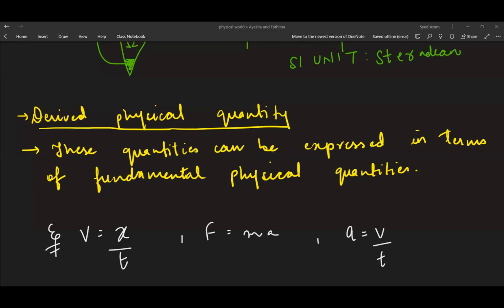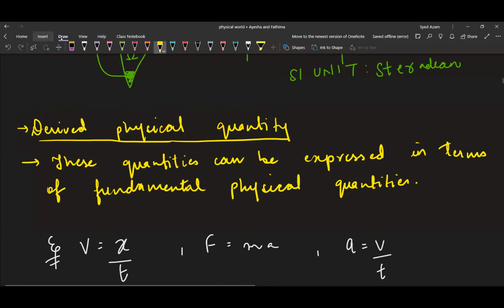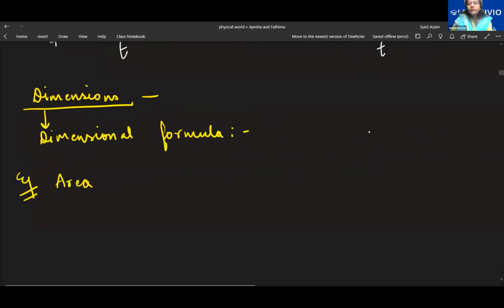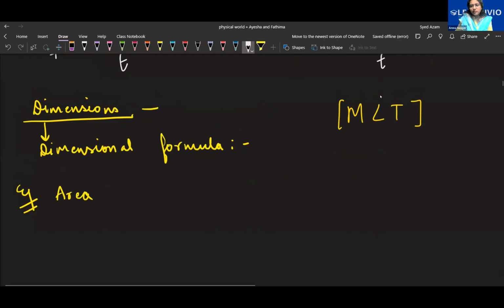Yes, ma'am. Okay, now, class, we'll start with the dimensional formula and how we really write it. Everything that you write will be of the structure MLT. For writing the dimensional formula, the skeleton structure is M L T, with powers: to the power x, to the power y, to the power z.